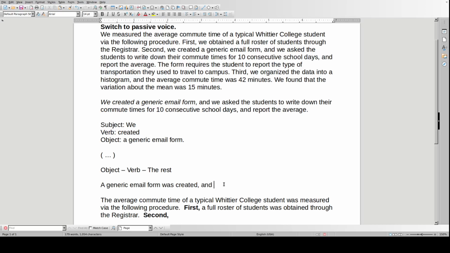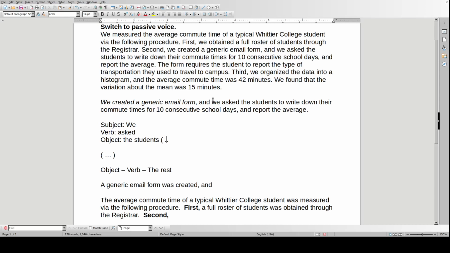So that's complete. What if we just stick with the comma and construction? So we're just stapling two sentences together, comma, and we ask the students to write down their commute times. So there's the subject we, asked is the verb, and then the students is the object.